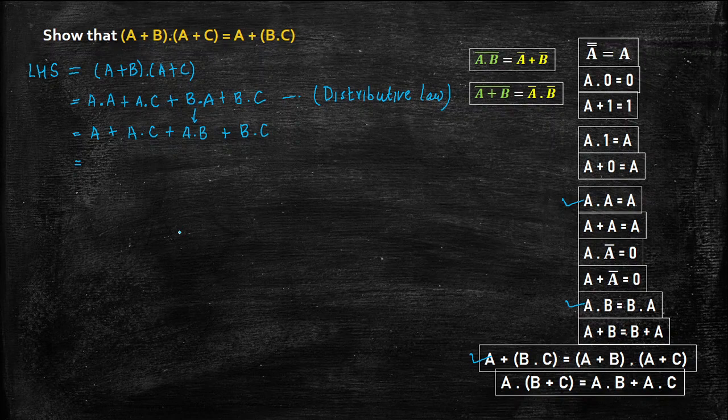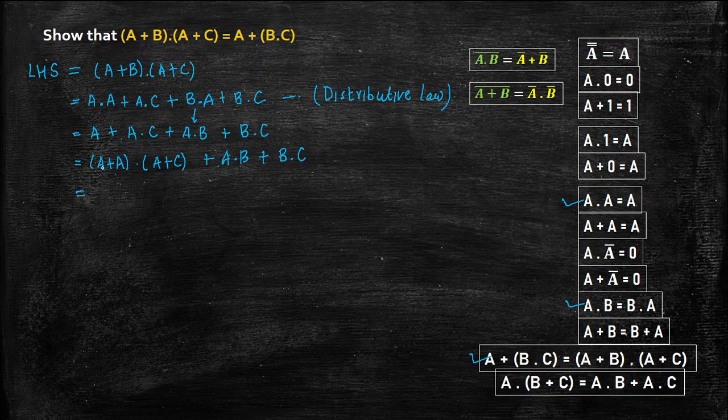Now here you can see A plus A dot C. This is the law. A plus A dot C, right? This law says that A plus B dot A plus C. So therefore here A will be added with A and C separately. So I'm writing down their brackets and between them AND operation, plus A dot B plus B dot C, right?